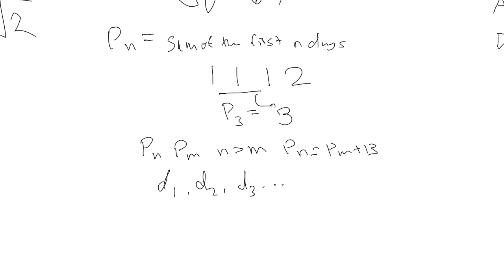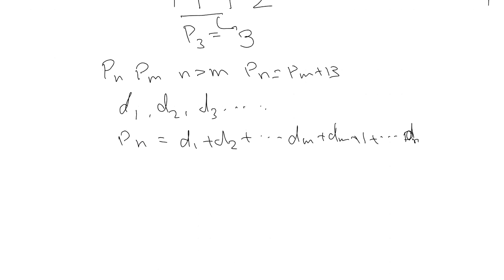So P n is going to equal D1 plus D2 plus dot dot dot D m plus D m plus 1 plus dot dot dot D n. We can do this because we know that n is greater than m, so we don't have to say that D n is before D m.